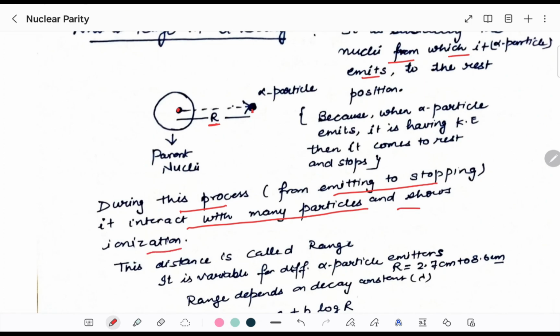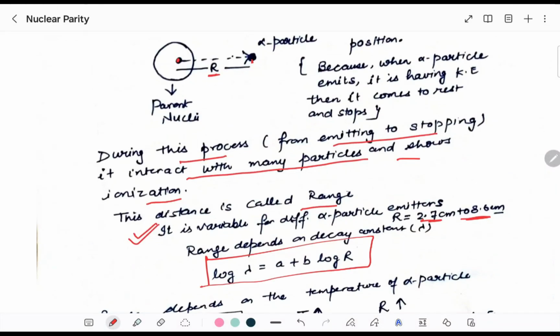The distance it traveled, from the point it is emitted to the point it stops, is known as the range, and the value of the range varies from 2.7 cm to 8.6 cm. Sometimes a question might be asked from this. Range depends upon the decay constant, related by the equation log of lambda equals a plus b into log of r.